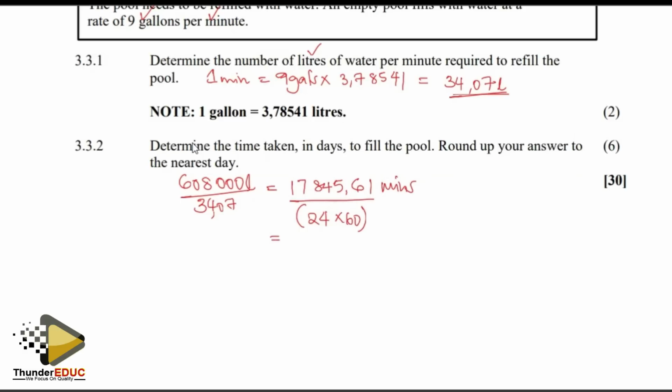Divide by 24 times 60, which is approximately 13 days.